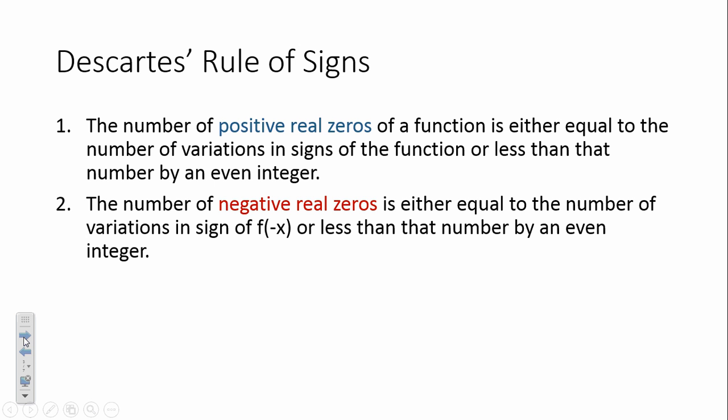So we can eliminate all the positives. Or if we don't have any negative variations, any changes of signs when we plug in a negative x, then we know we're not going to have any negative zeros. So we can eliminate all negatives. Okay, so that can make our life a lot easier, especially when our constant on the side has a lot of possible factors. Okay? Or we have something other than 1 for our leading coefficient, which can add a whole other dimension when we're dealing with fractions.